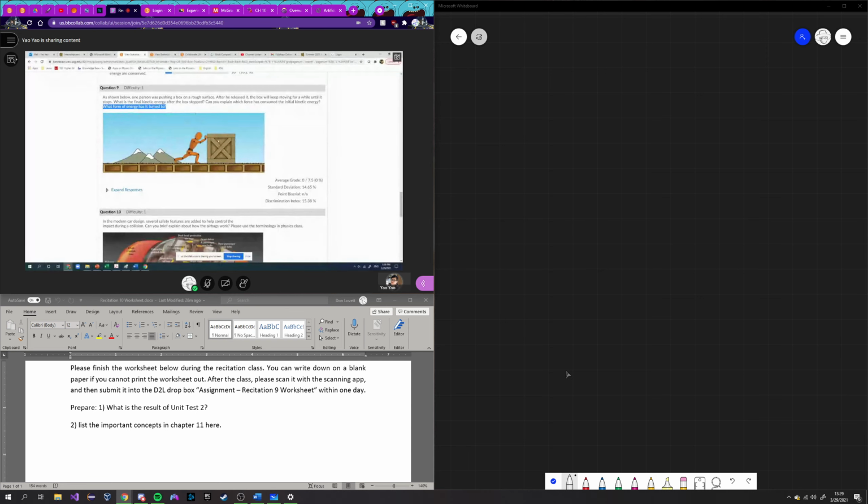Especially some students mentioned gravitational potential energy. Gravitational potential energy equals mgy, before we learn the universal gravitational potential energy, right? So it only depends on the vertical position of your object. But this box keeps moving horizontally, so the gravitational potential energy actually didn't change.